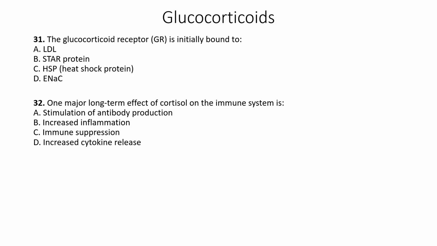So it can have genomic effects, where it will turn off pro-inflammatory genes like NF-kappa B and the interleukins, interferons, and so on. It can also inhibit phospholipase A2, I believe. That can block prostaglandin synthesis, leukotriene synthesis, and so on.